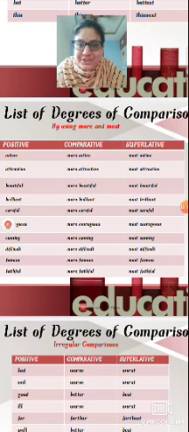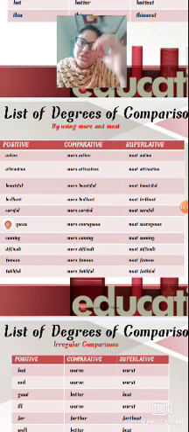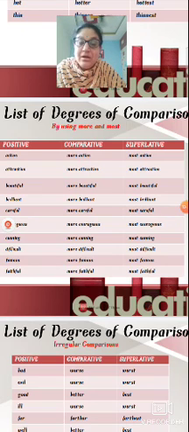See here, active: comparative more active, superlative most active. It gives something higher. Already you have seen that more higher and most higher, hyperactive, right? You have heard this, I think, in the first year.